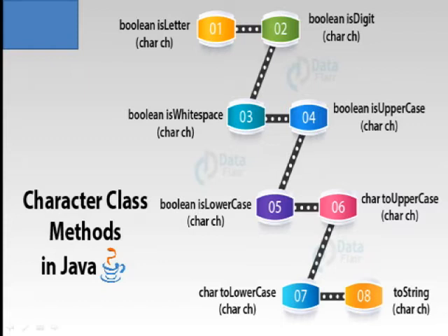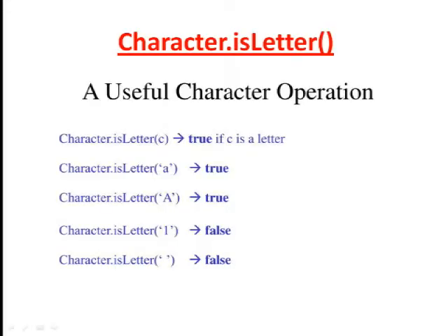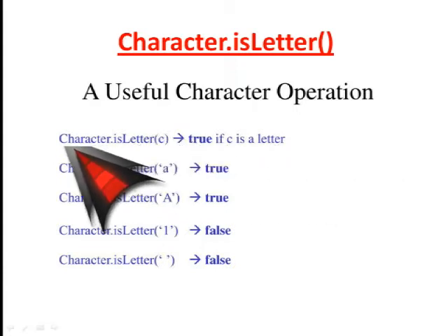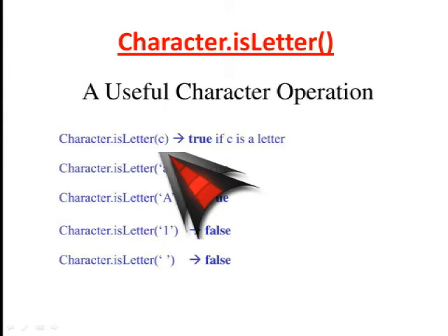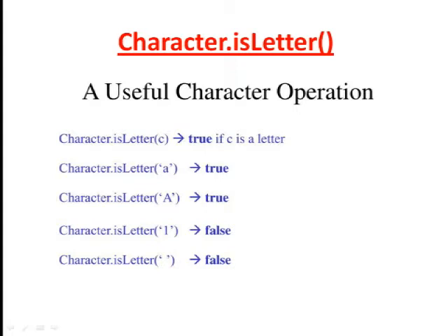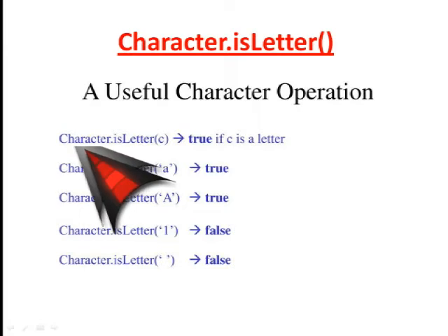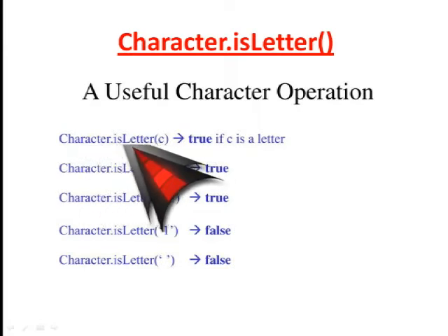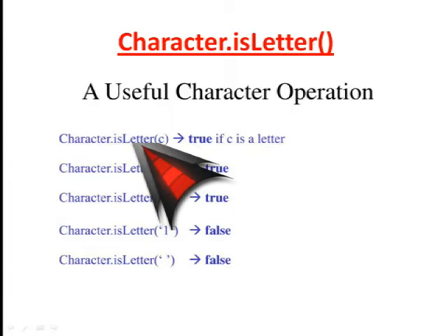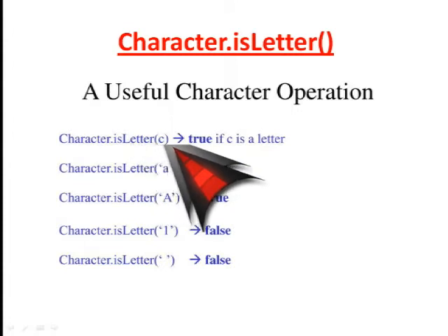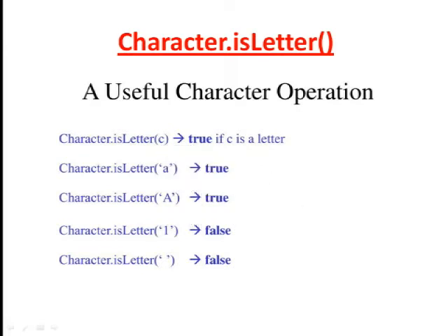I'm first starting with Character.isLetter. What it means is that if I use this direct function Character.isLetter, and please be careful as Java is a case-sensitive language, so over here the C of Character is capital, the i of is is small, and the L of Letter is capital, and we pass some character inside it, it will return a Boolean value, which is true or false.